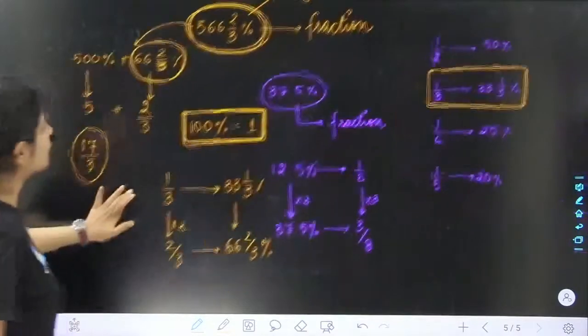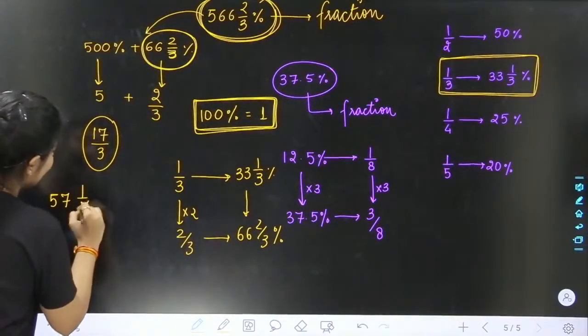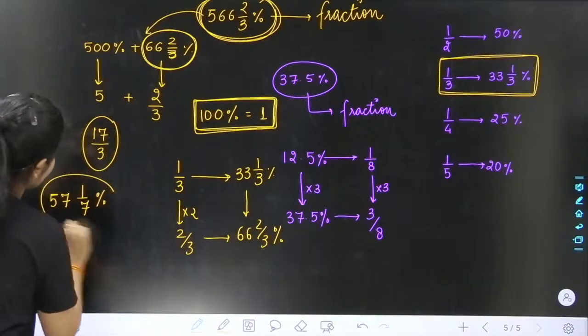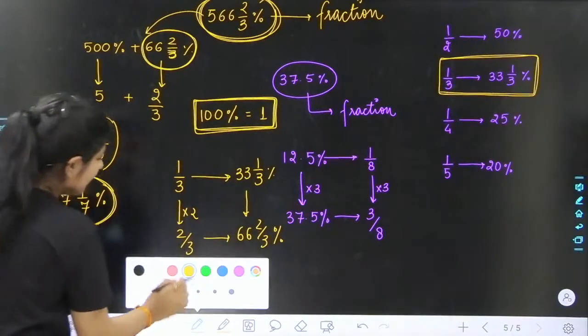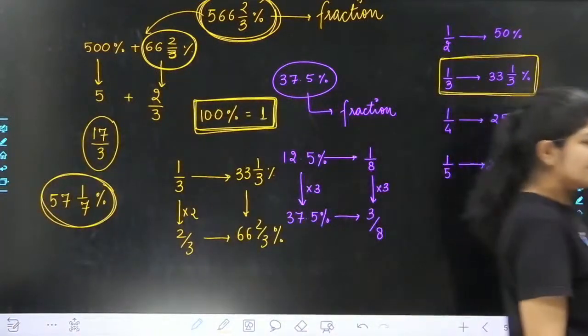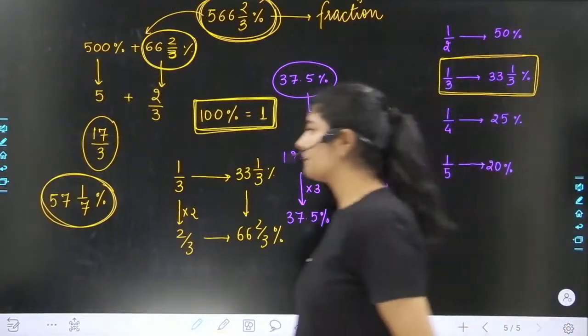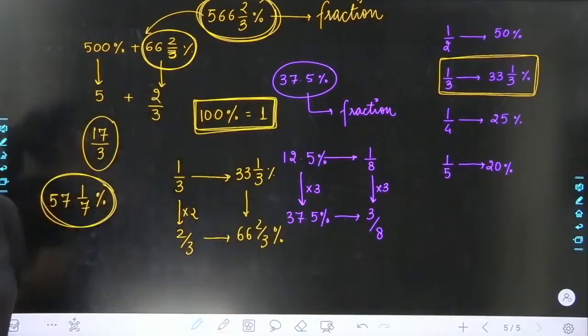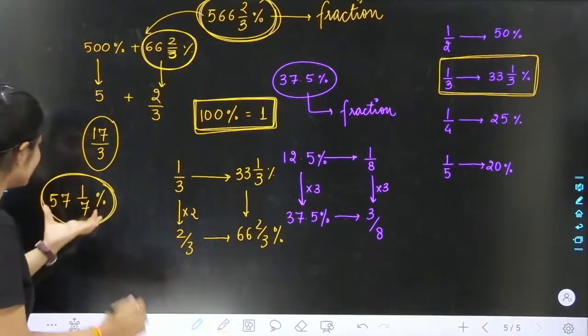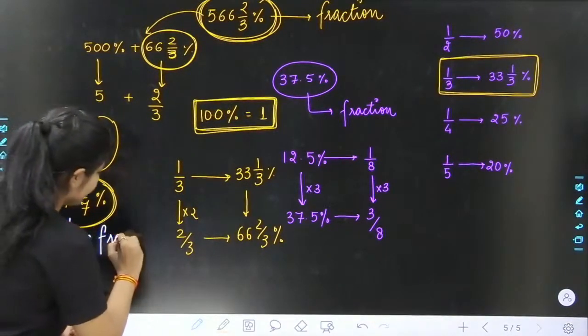Okay, one more question. How do I write 57 1 by 7% in fraction? I have to convert this term 57 1 by 7% into fraction.